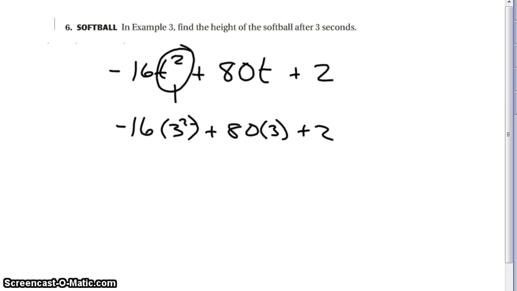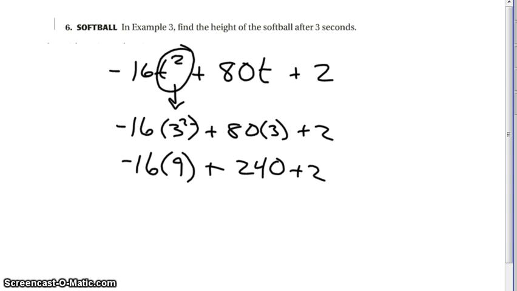We're following it step by step, like a little recipe. Okay, so 3 squared is 9. Negative 16 times 9 is here. And 80 times 3 is simply 8 times 3 with a 0. 240, good. Plus 2.